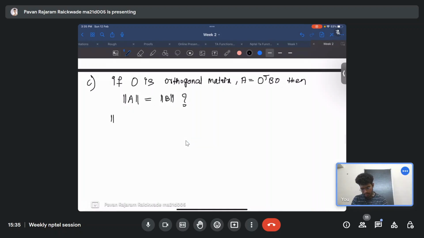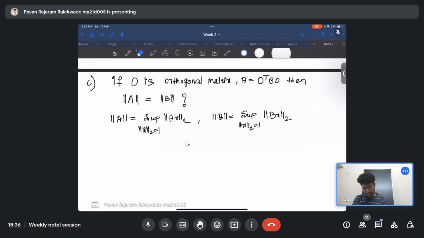So for both norm A and norm B, the definition of norm is the supremum of all norm Ax, where norm x is 1. Similarly for norm B, with y.